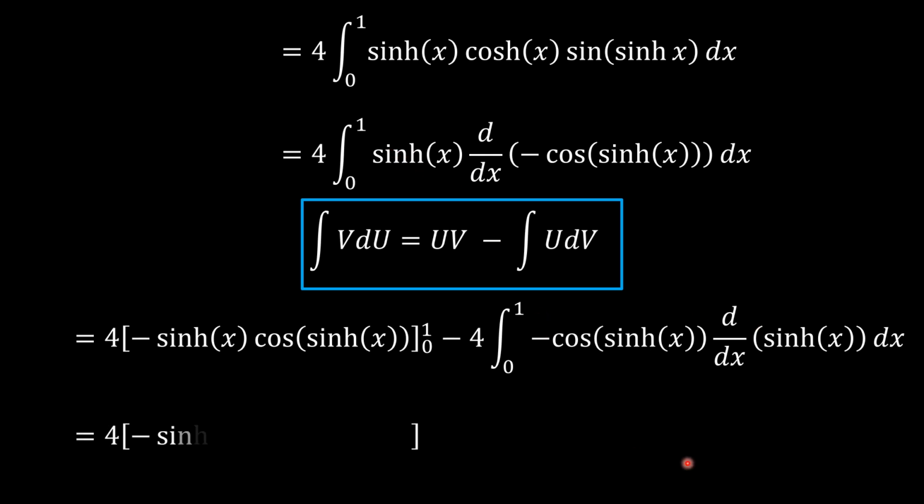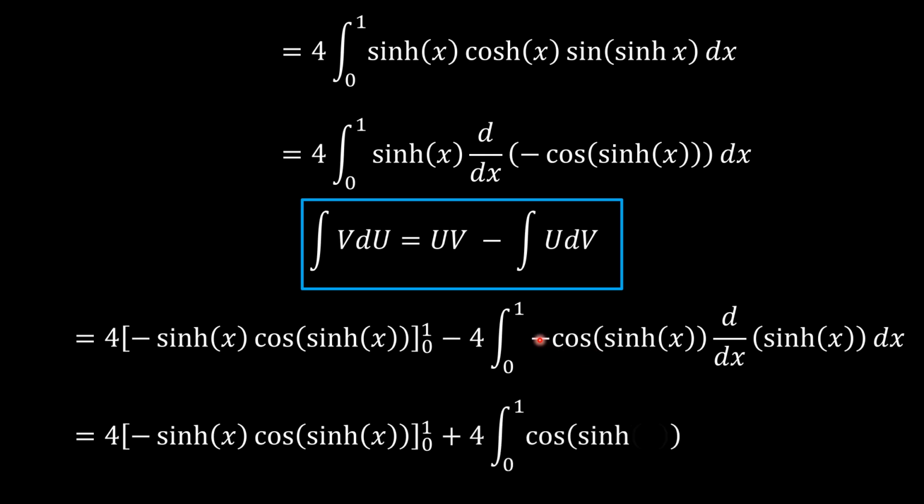This derivative here becomes cosh, or the hyperbolic cosine of x, and that now is important, but also noting that this negative and negative interact to form a positive here.